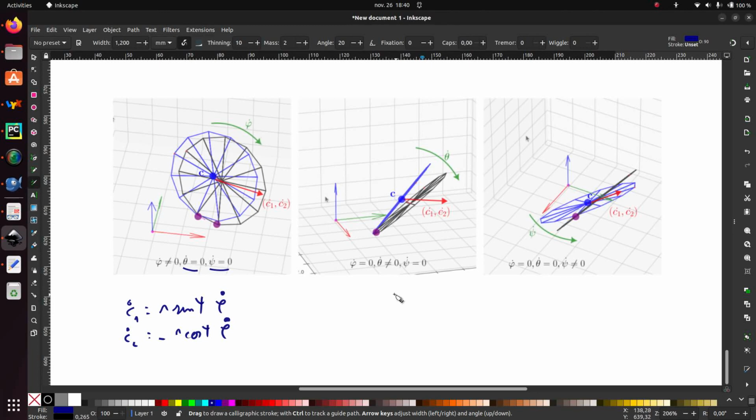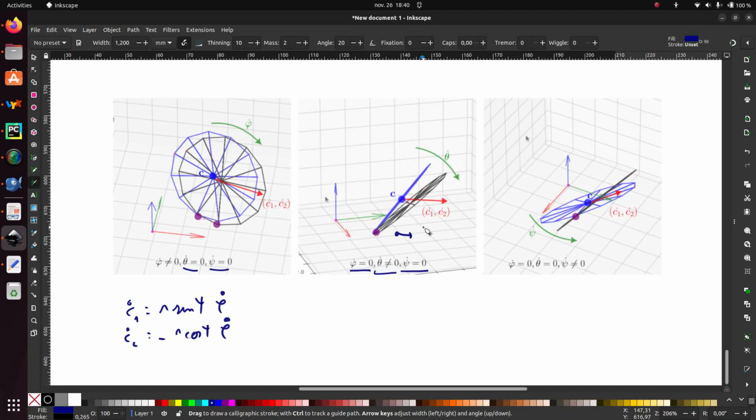Now I consider the situation where phi dot equals 0, so I'm not spinning anymore. Here the heading is not changing, so only theta is changing, so it is falling down. Only the stand angle is changing, and we can see that C is moving, and so it will be the case for its projection, which would translate like this.